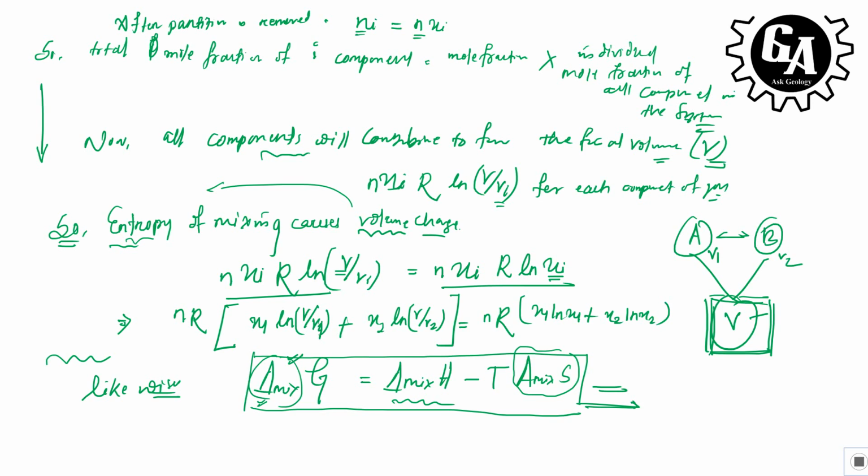So this is all about how change in entropy is causing change in volume, or change in volume is causing change in entropy, when two separate phases are not chemically reactive, but they can be mechanically, they will diffuse, and due to that diffusion they are doing some kind of work that is purely mechanical, and this purely mechanical energy or work done contributes to the change in your entropy.